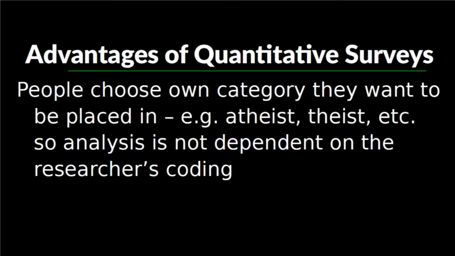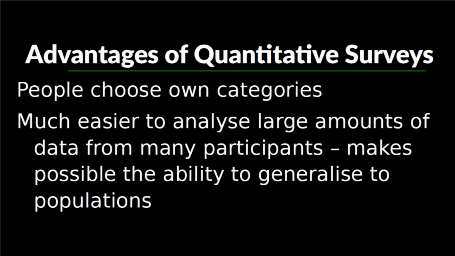The advantages of quantitative surveys, on the other hand, is that people choose their own categories that they want to be placed in. They decide whether they want to be called atheists or agnostics or theists or whatever. So the analysis is not quite so dependent on the researcher's coding. It's also much easier to analyse large amounts of data from many participants.